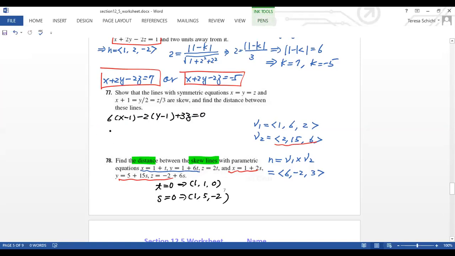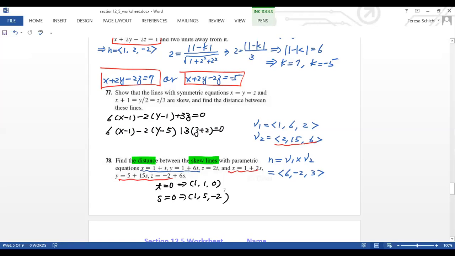Then the second one is 6 times x minus 1, then minus 2 times y minus 5, plus 3 times z plus 2, equal to 0, right?